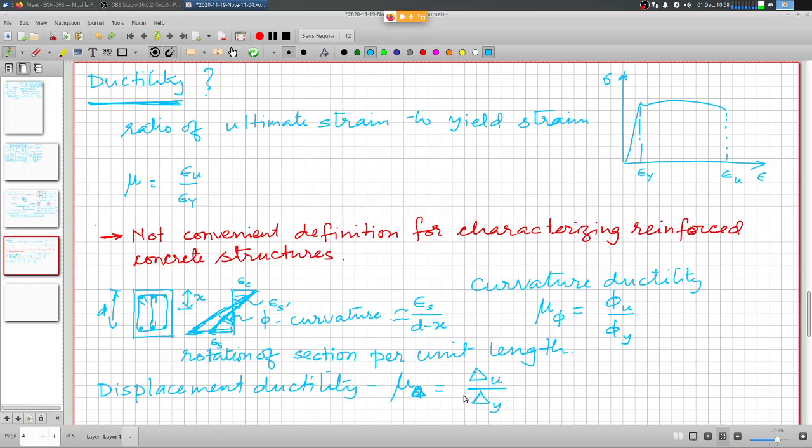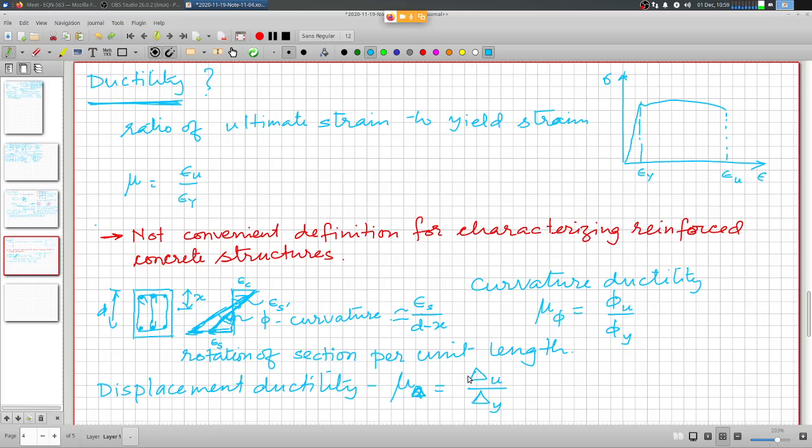In that context, this displacement ductility is often used. This displacement is often referred to as some kind of a macro deformation, such as the maximum roof displacement, ultimate, under the lateral load, just at the verge of collapse of the system.